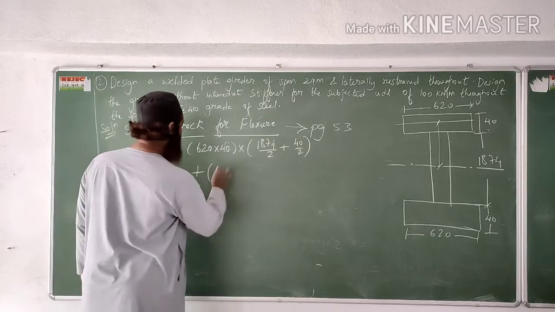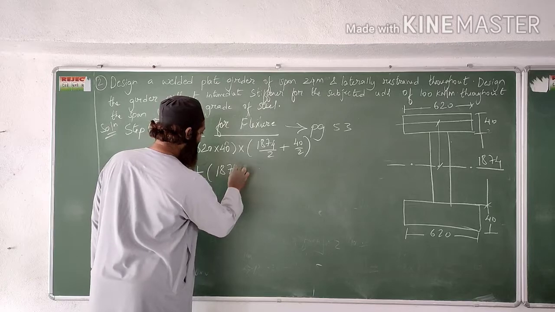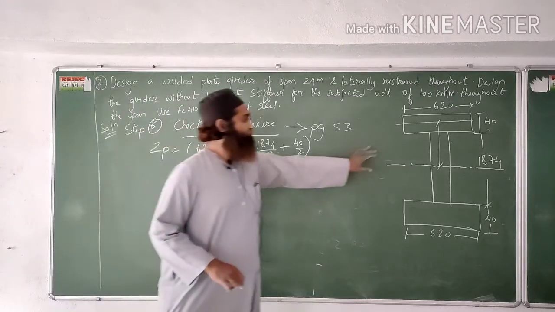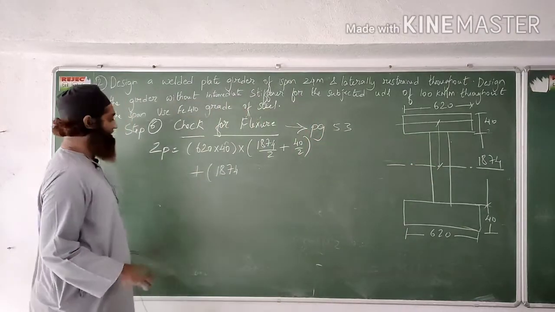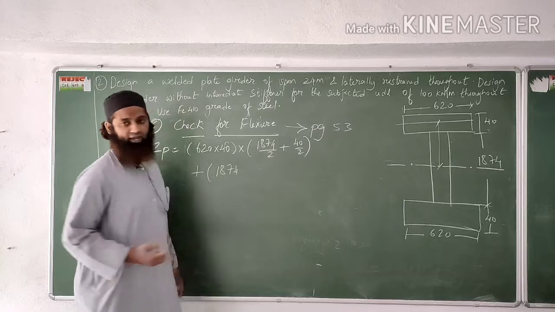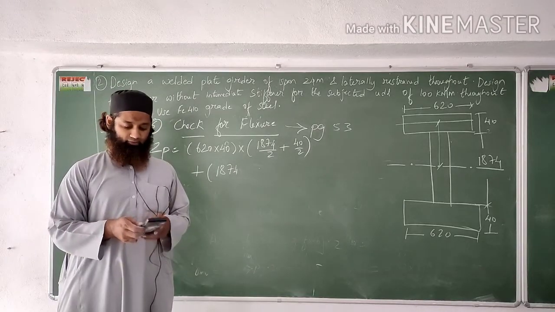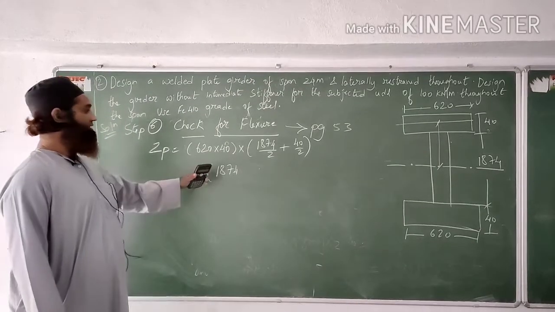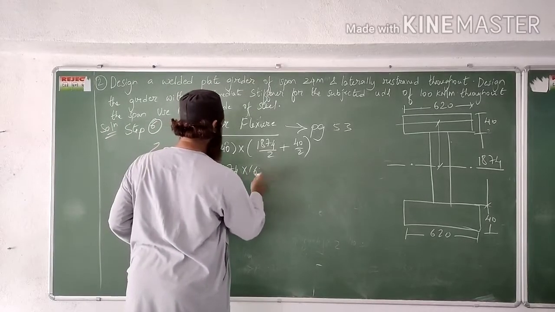Here we'll have to take half of the web height into 16, that is 1874 by 2 into 16. Hope it is clear. We are seeing 1874 into 16.